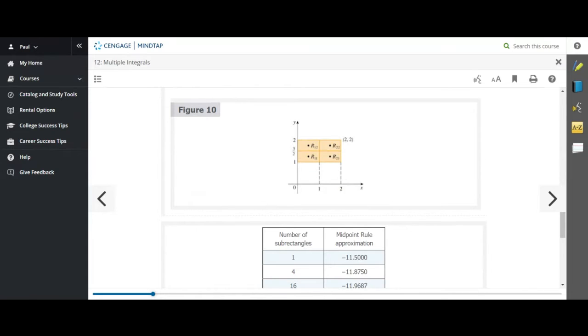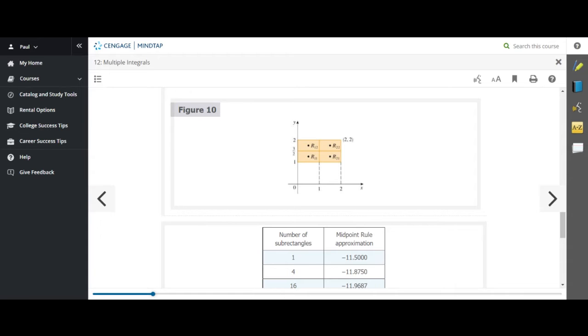For the subrectangle R11, what's the coordinate of that point? What's the midpoint in the center there in R11?